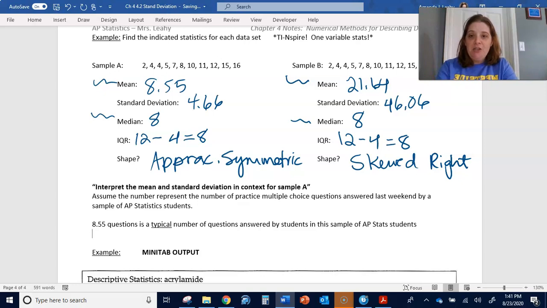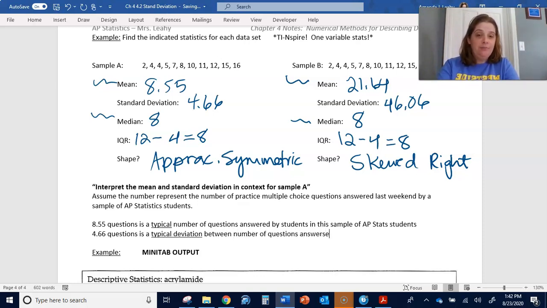And then my standard deviation was 4.66. So I'd say 4.66 questions is a typical deviation between the number of questions answered, or observed, and the mean of 8.55 questions.